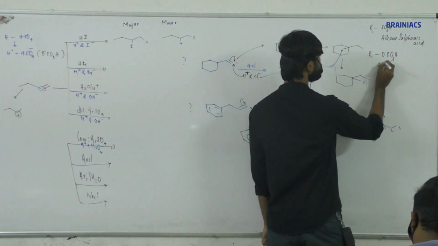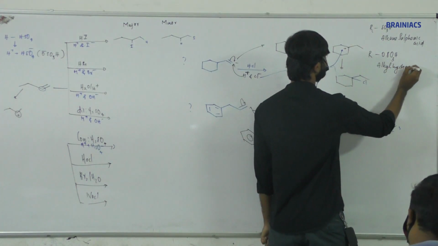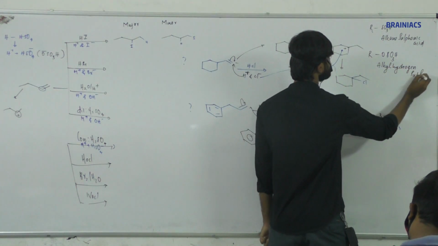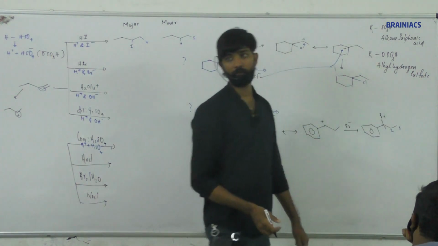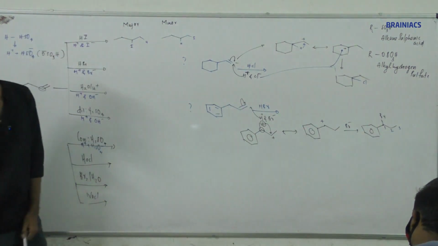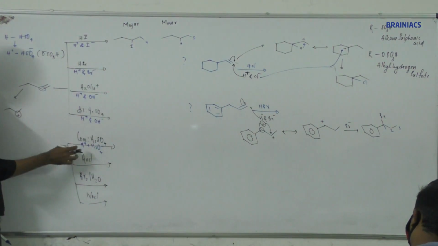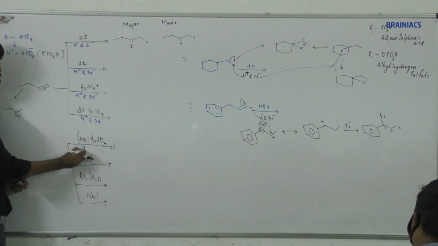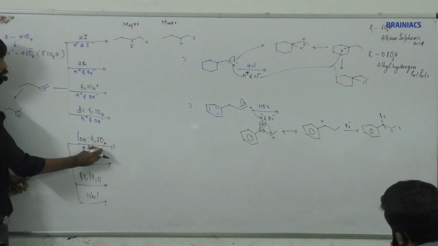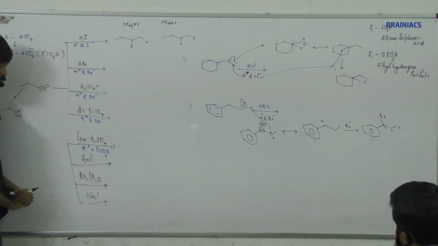So here the name is alkyl hydrogen sulfate, not sulfonic acid. This is not sulfonic acid. Both are different. There is a small change. So here the polarization will be H plus and OSO3H, where the negative charge is on O.